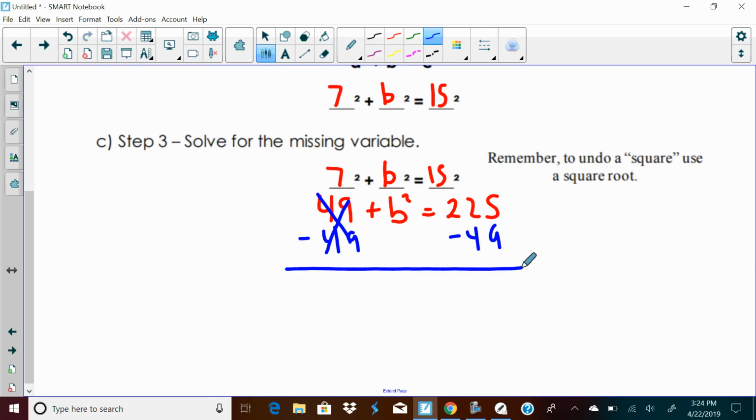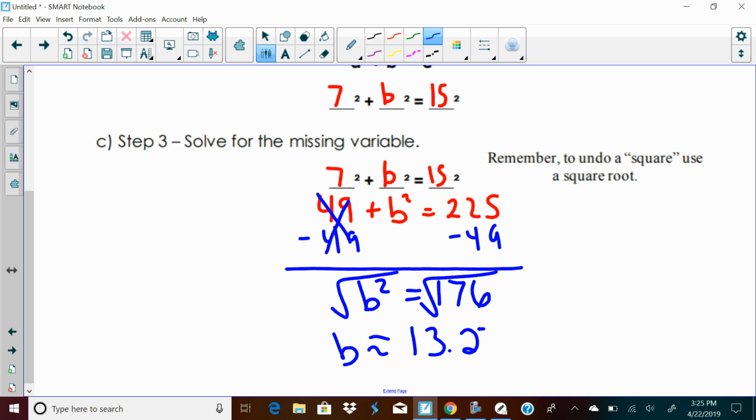So I get b squared equals 176. And I take the square root of both sides. I get b is approximately 13.27. And I think it was in meters.